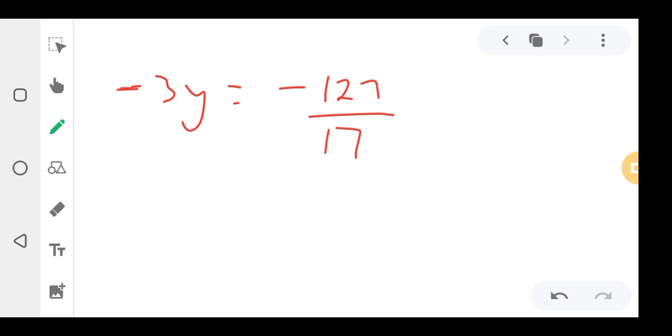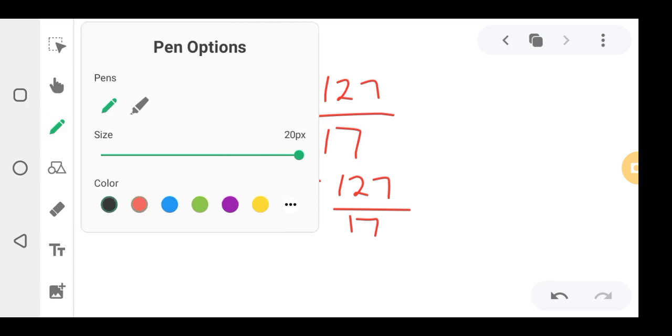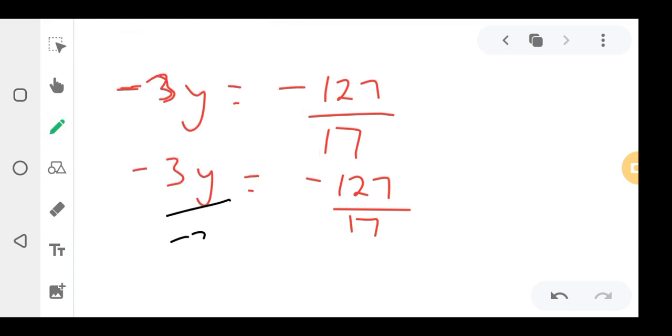So to remove 3y and just remain with y, you divide both sides by 3. So you divide this side and also negative 27 over 17. So you divide both sides by negative 3, even this side also by negative 3.